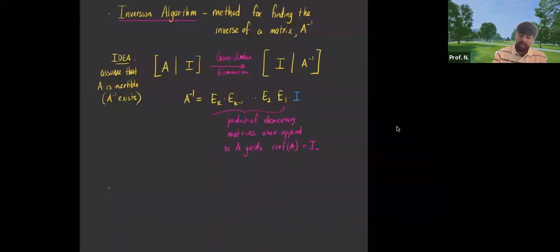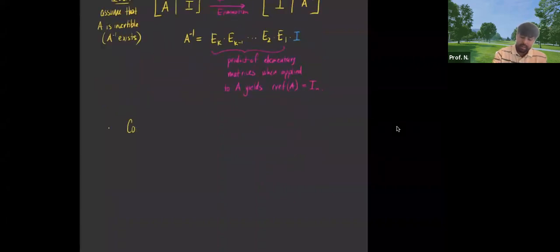And then the next thing we also discussed was the consistency of linear systems. We discussed when a system is consistent or not, and what conditions the b values have to satisfy in order for the system to be consistent.